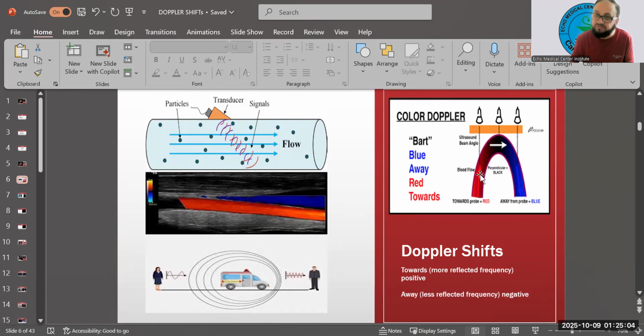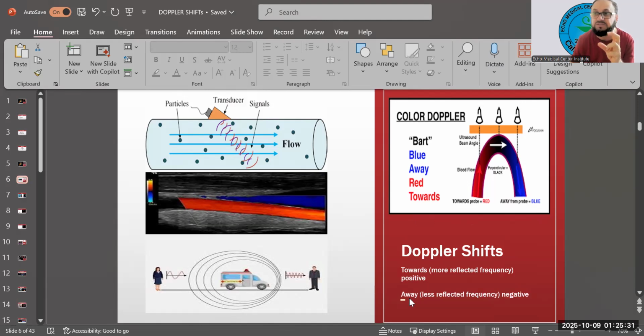So that is the phenomenon between positive Doppler shift and negative Doppler shift. Red color is internationally accepted. It's just for identification. Blue color, again, is just for identification, nothing else. And that is your negative Doppler shift. Remember, again, for us, with Doppler shift we really want to know whether the flow is towards or away. That is the main concern.